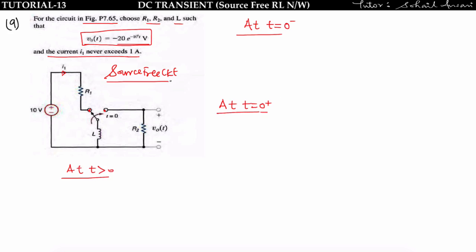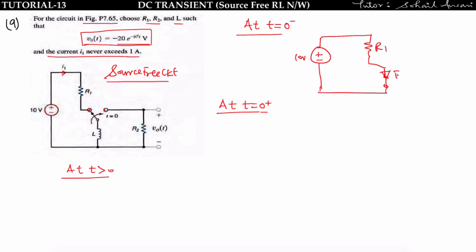First draw at t equal to 0 minus. At t equal to 0 minus, this network is at steady state, so the inductor can be replaced by a short circuit. So this is 10 volt, this is R1, and this is the inductor replaced by a short circuit.